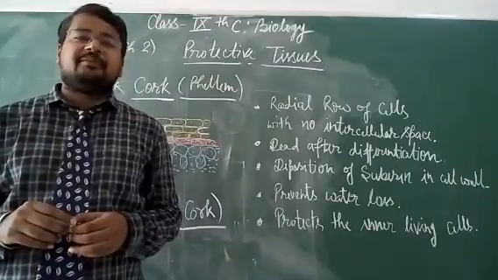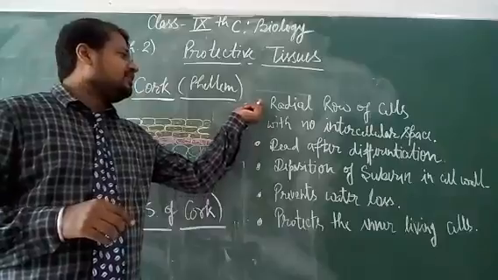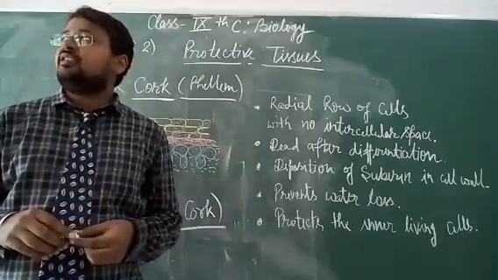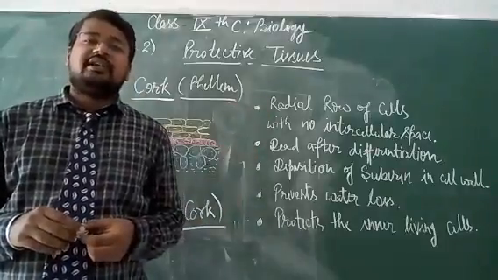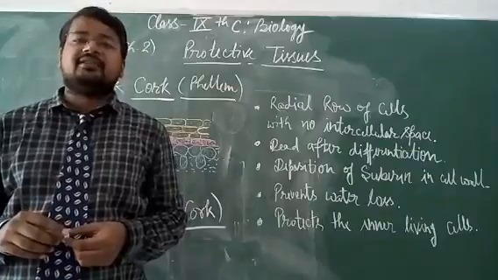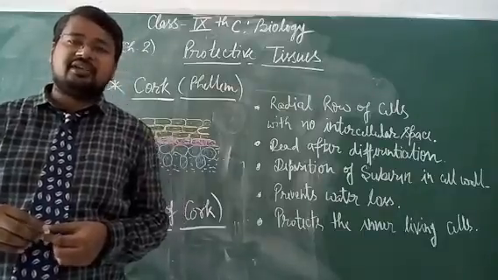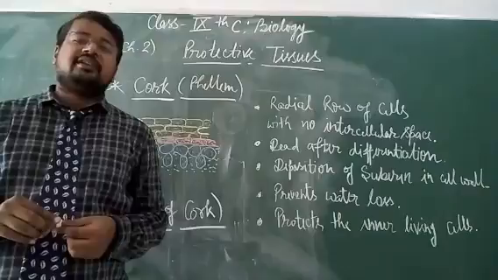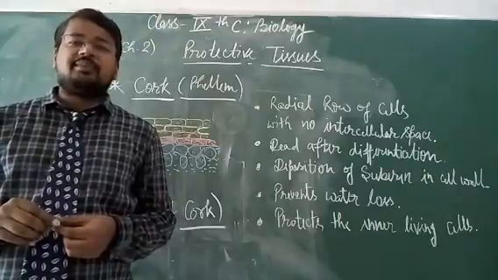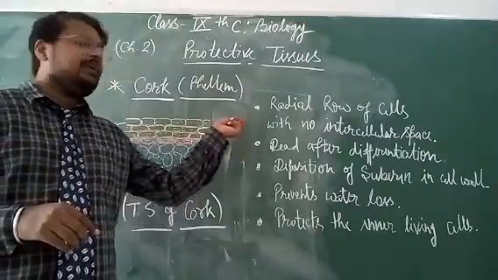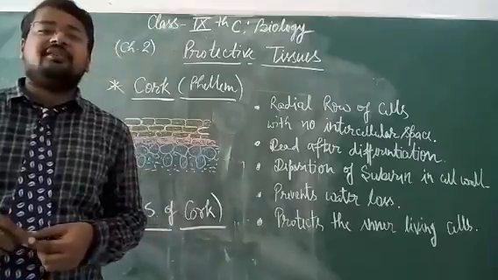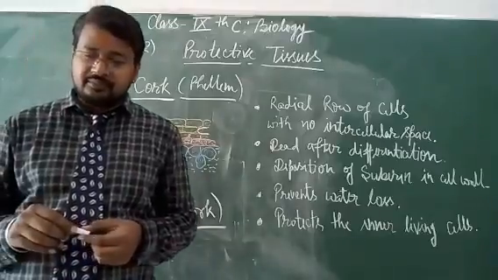When these cells are living, they do not have these functions. They cannot check the water loss, they cannot work as a barrier that keeps all the infection and all the moisture that is not useful for the plants away. So their becoming dead is important for the living tissues and plants.